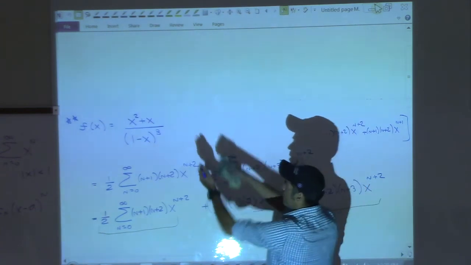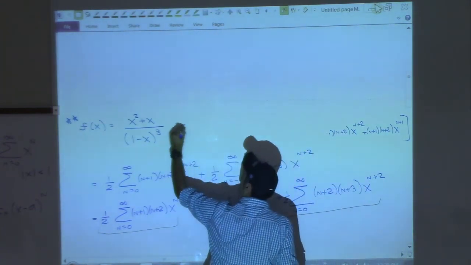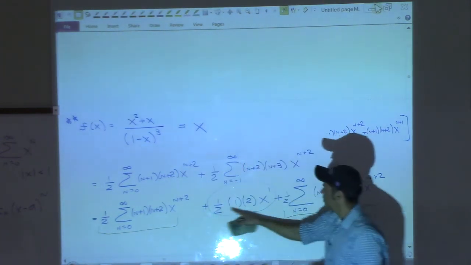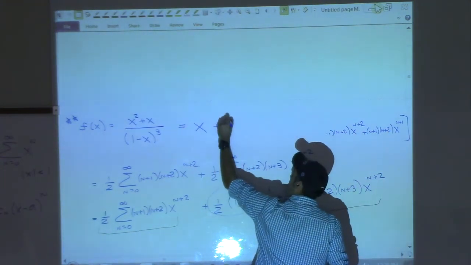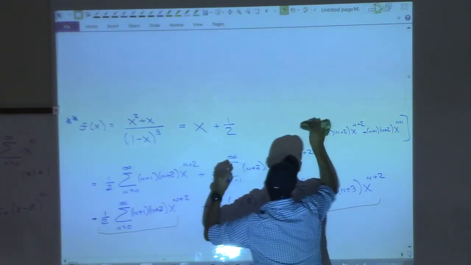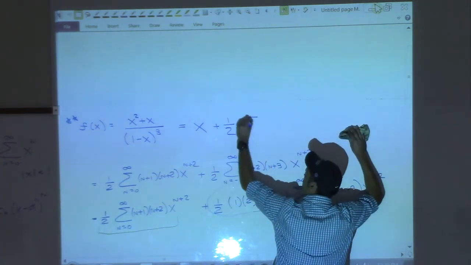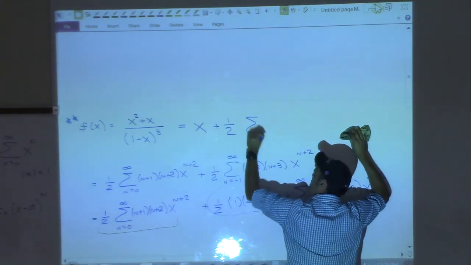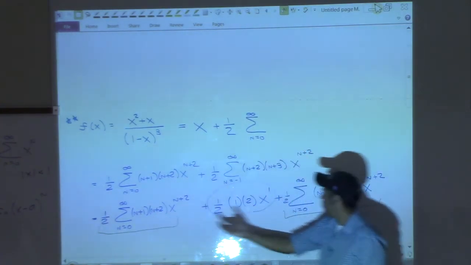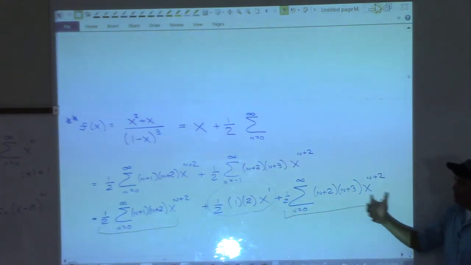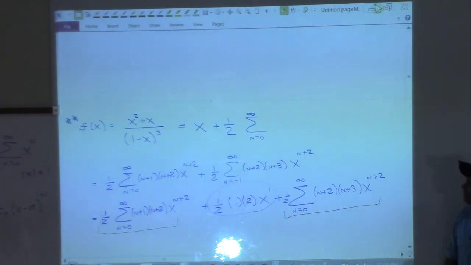So I think I'm ready to rewrite this. This is equal to x, that's this, and then plus a half sum n equals 0 to infinity. I'm going to put this together with this, with addition between them, and I'm going to pull the x to the n plus 2 out.